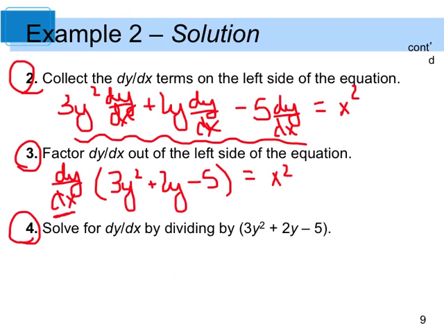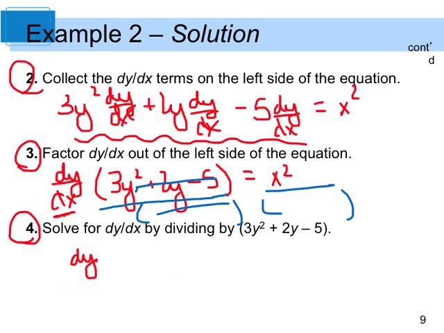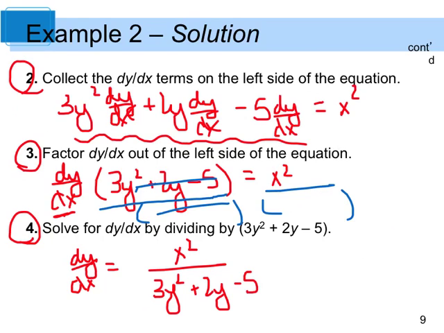And the last step, you can solve for and isolate dy/dx by dividing by that trinomial, because then it would cancel over there. So your last step is that dy/dx equals x squared over 3y squared plus 2y minus 5.